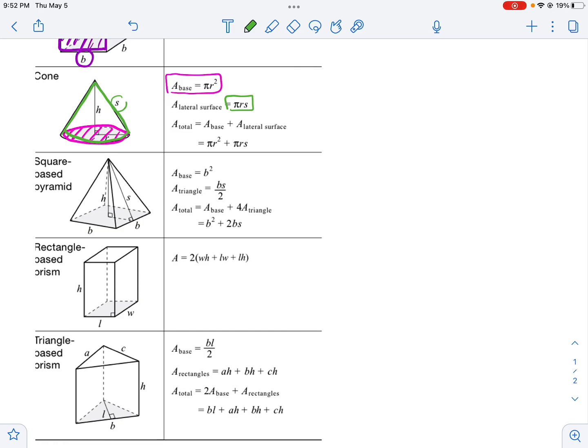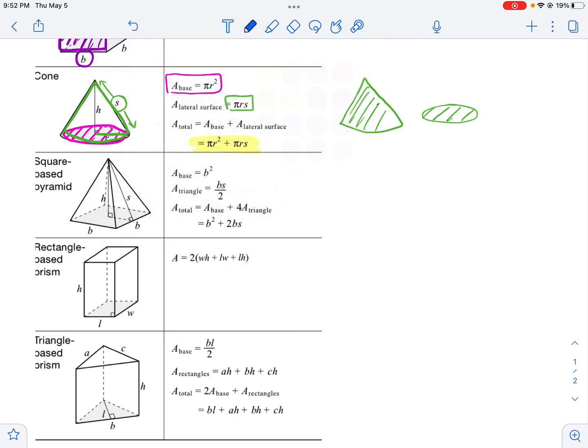S is the slant height of the cone. So pi times radius times the slant height will give you the surface area of this part, the lateral surface. And then if you just add the lateral surface plus the circle together, you will get the total area of the whole cone. Pi r squared plus pi r s.